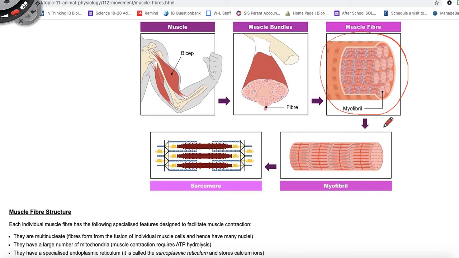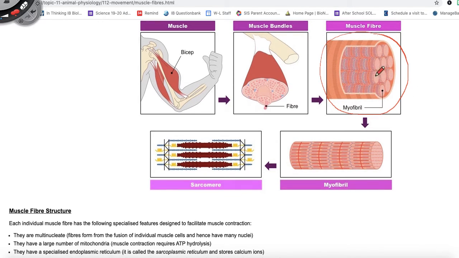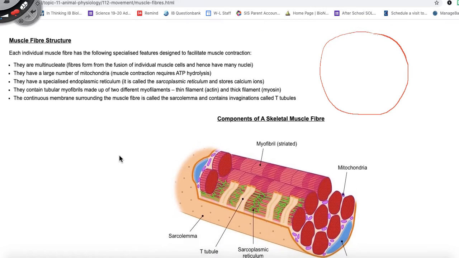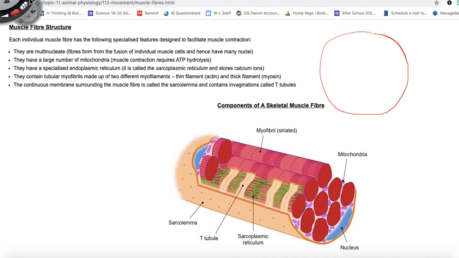We're looking at this whole structure that's made up of individual myofibrils, okay? So what do we see inside the muscle fiber structure? Well, we see a whole bunch of myofibrils, right? These tubular units, and they're striated, and that's what gives muscles their striated appearance.